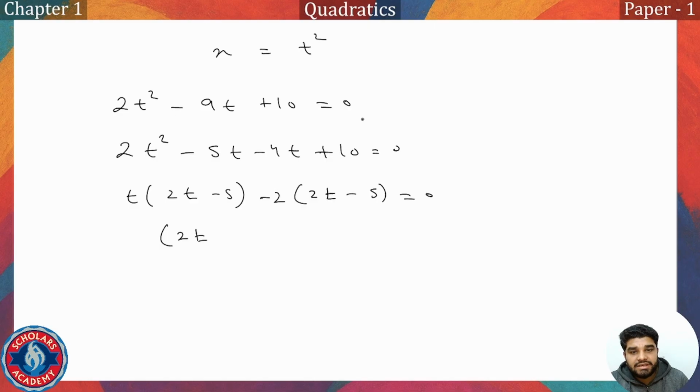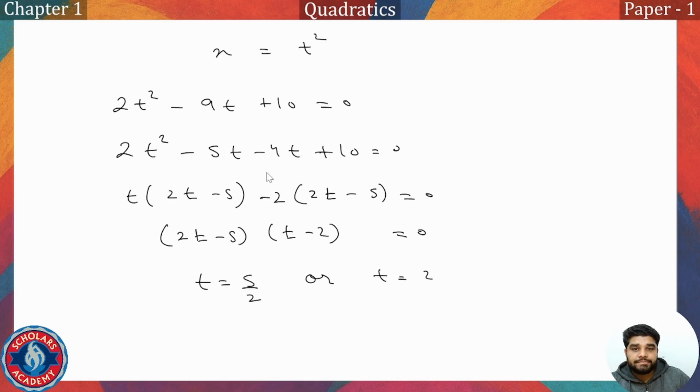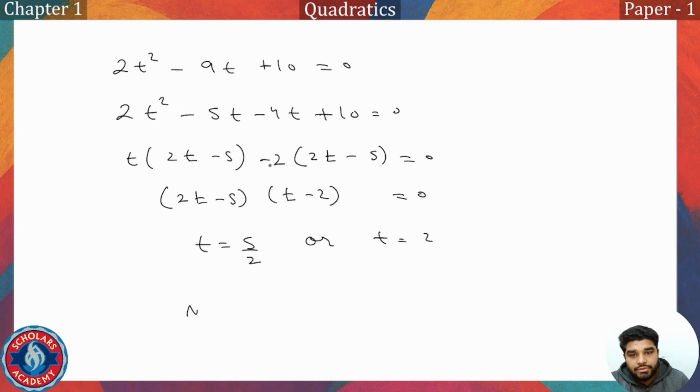So we get 2t minus 5 and t minus 2 is equal to 0. So these are the two factors. We get t is equal to 5 by 2, or we get t is equal to 2. These are the two values of t, and since we were taking root of x as t, so we can write it as root of x is equal to 5 by 2 and root of x is equal to 2.